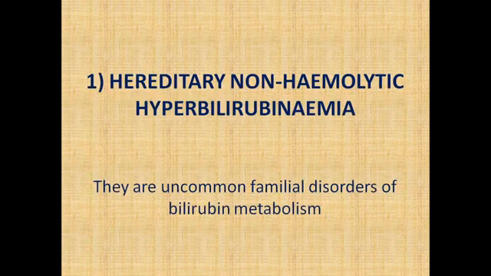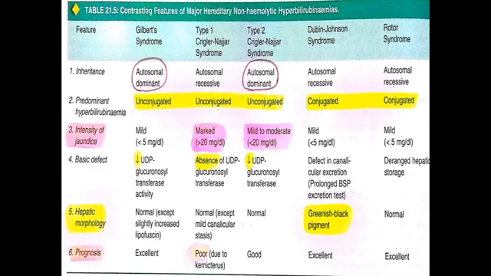First, hereditary non-hemolytic hyperbilirubinemia. They are uncommon familial disorders of bilirubin metabolism. See this table. It shows features of major hereditary non-hemolytic hyperbilirubinemias, either conjugated or unconjugated.